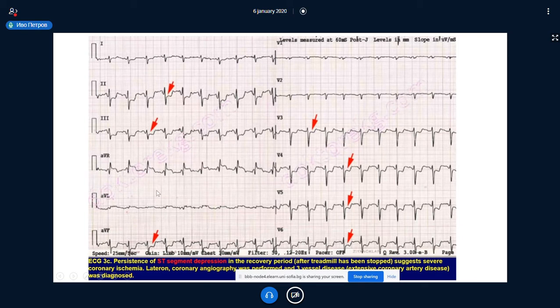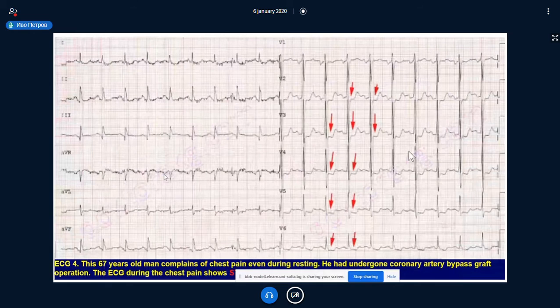This constellation of ST depression in many leads and ST elevation in the AVR lead, in many cases, can speak to us about left main coronary disease or involvement of the proximal segments of both circumflex and left anterior descending artery in the ischemic syndrome.